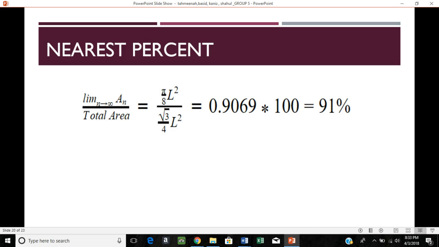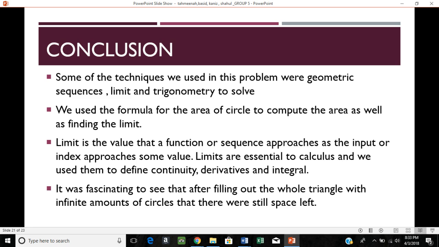And now I'll pass it over to MD to wrap up our presentation. So, in conclusion, some of the techniques we used in this problem were geometric sequences, limits, and trig. We used the formula for the area of a circle to compute the area as well as to find the limit.